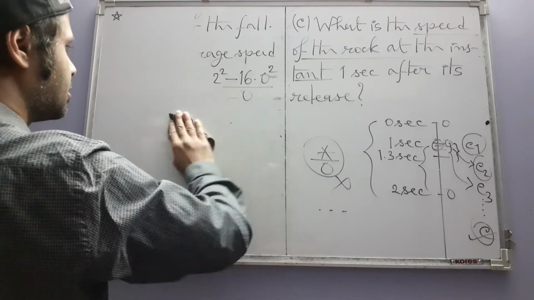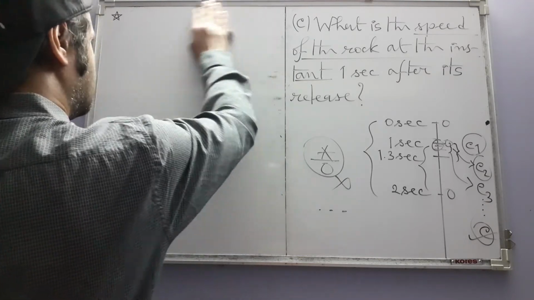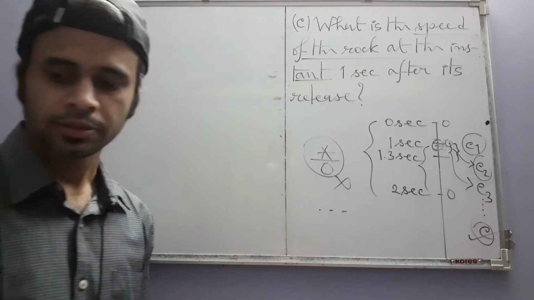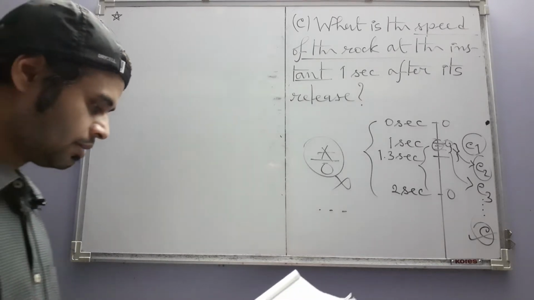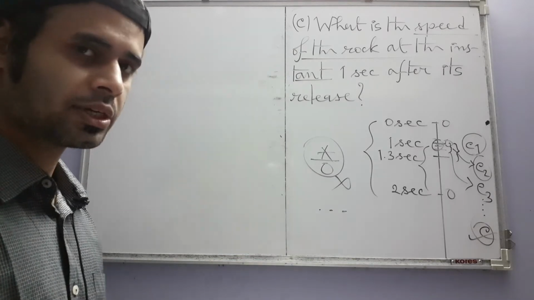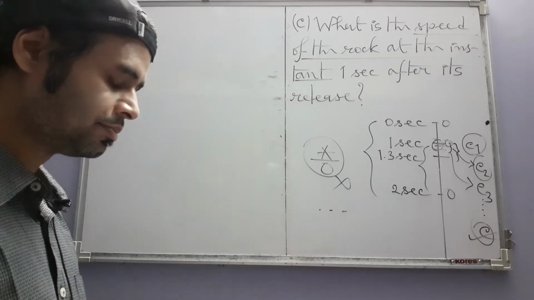That's because in the solution to example 1, they have mentioned this 16t square, right? So they have said something about free fall. So this is what the authors have said.